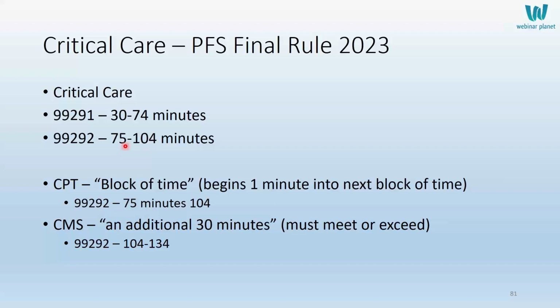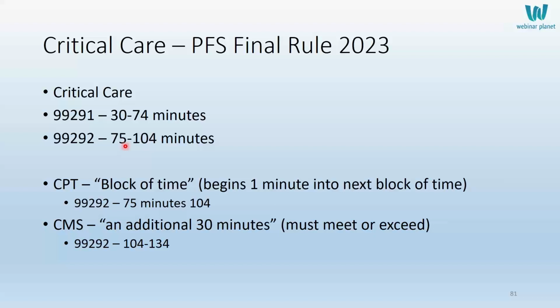CPT talks about a block of time, meaning you get to 75 minutes, you're going to bill for the next block of time, which would be another code, 99292. But CMS says, no, 1 minute into it, you're not meeting the requirement of a code that has 30 minutes in it. And therefore, we're not going to pay for that.